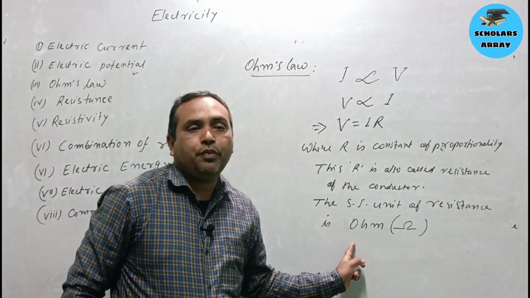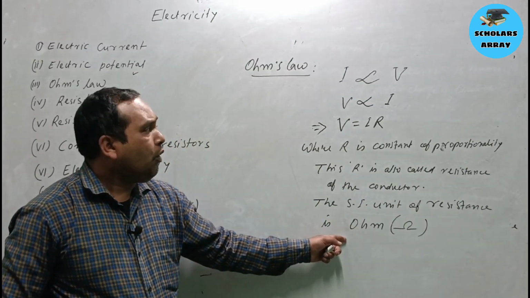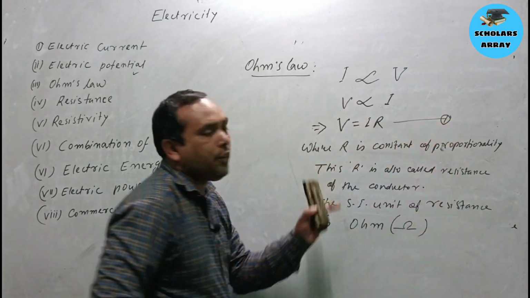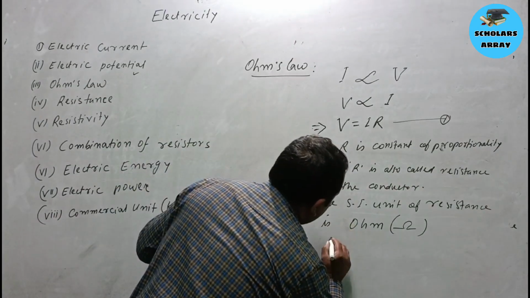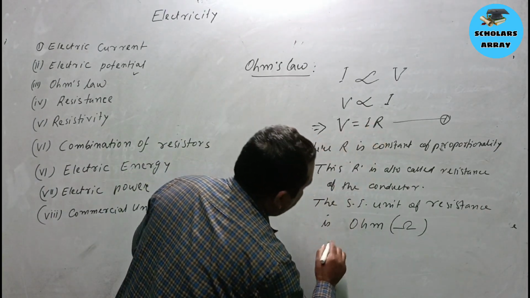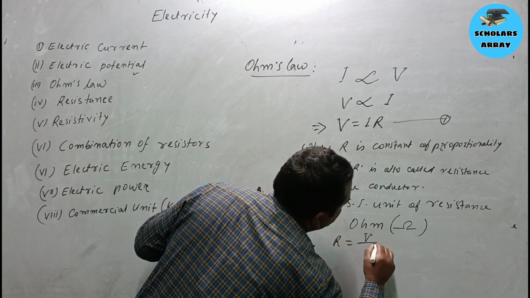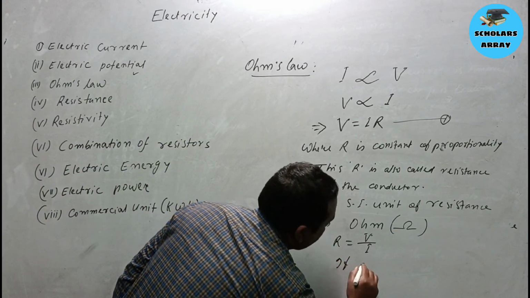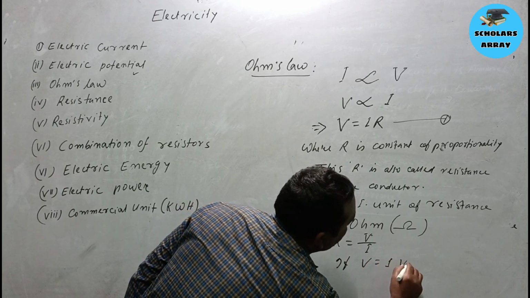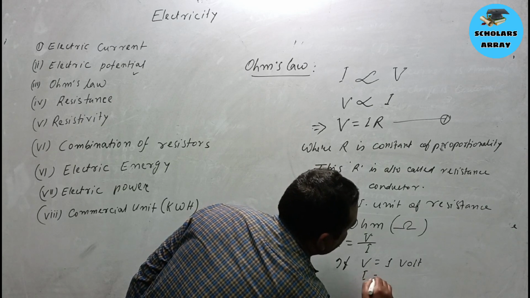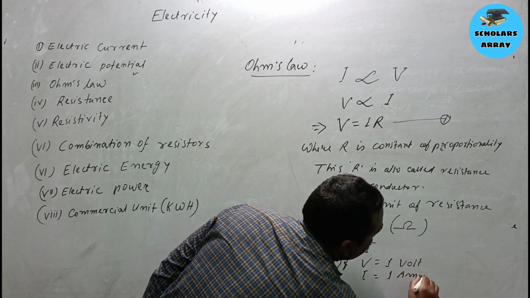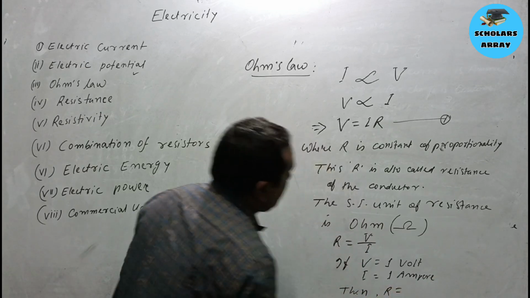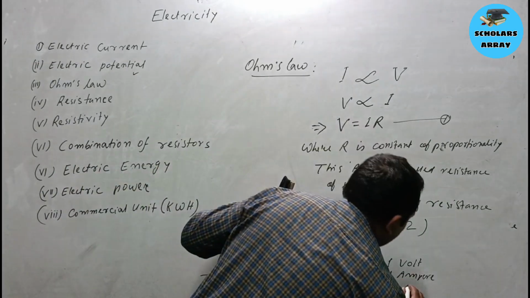Now you may be asked to define 1 ohm. From the above equation 1, V equals IR, we can write R equals V by I. Now if we consider V equal to 1 volt and I equal to 1 ampere, then R will be equal to 1 volt per ampere.